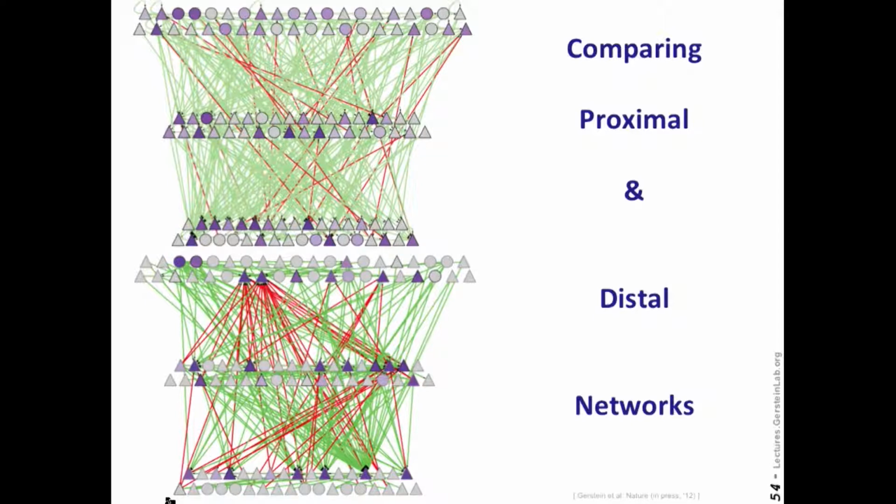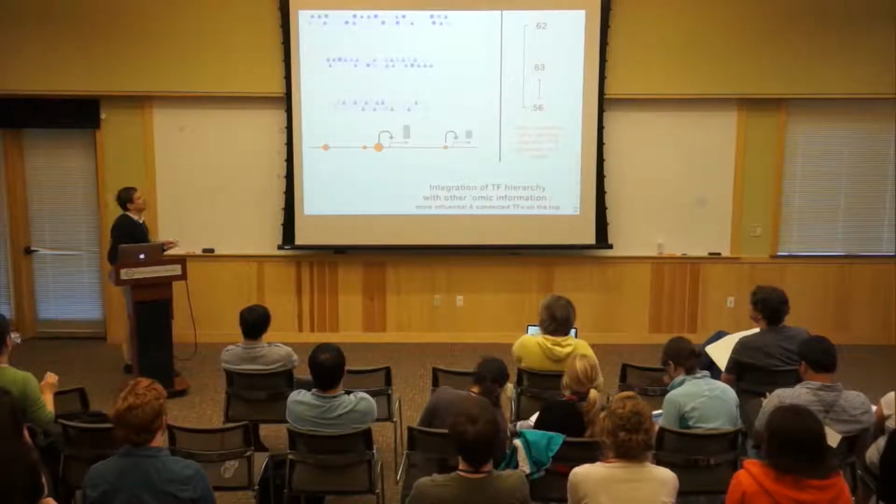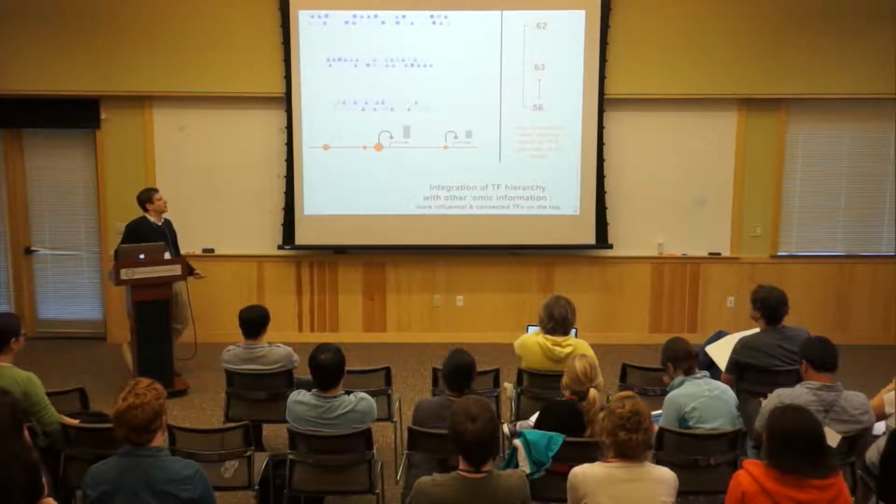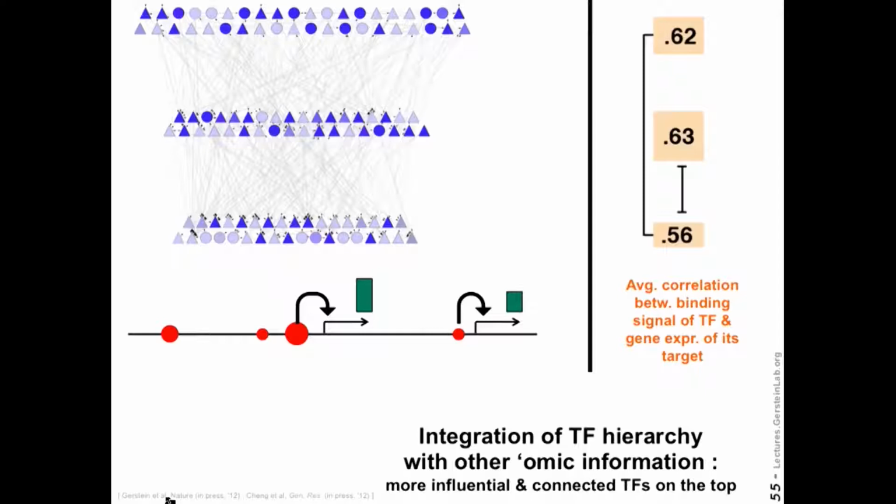Then you can ask, does this kind of org chart make some sense in terms of intuitions? Again, this is the kind of social intuition. One idea you might have is that the factors at the top are more influential. You can measure influence nicely from the statistical model we talked about. Each transcription factor has a weight in that model, the degree to which it drives gene expression.